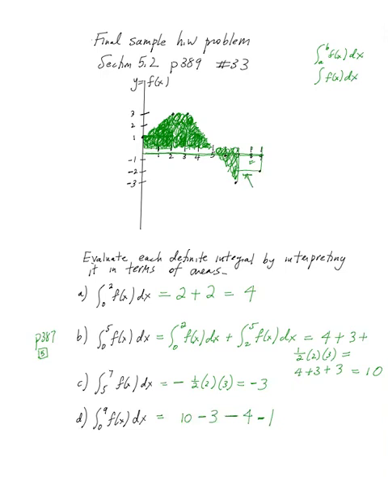So my total value of the definite integral from 0 to 9 is 7 minus 4, which is 3, minus 1 is 2.